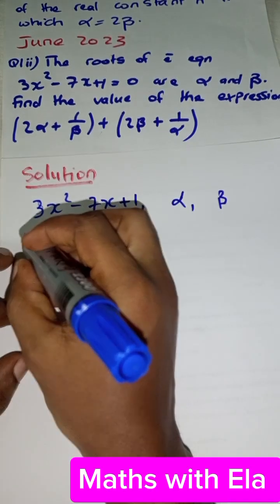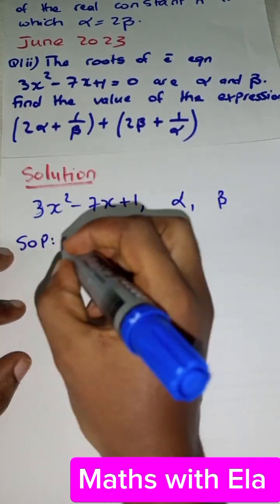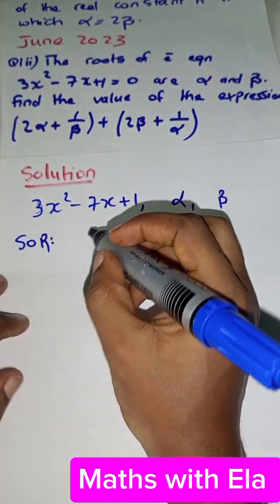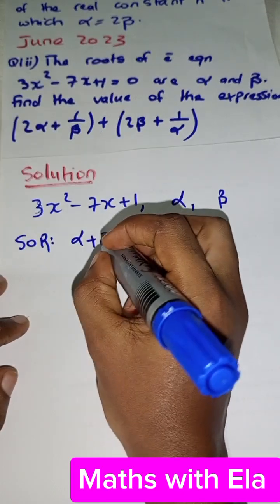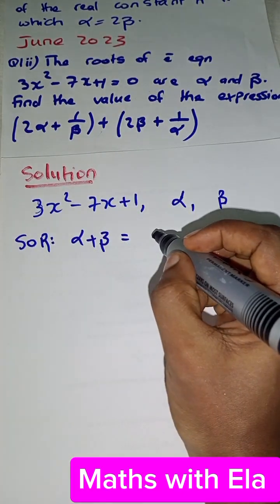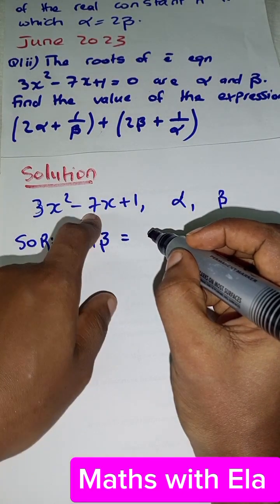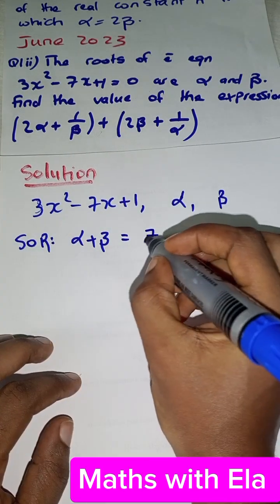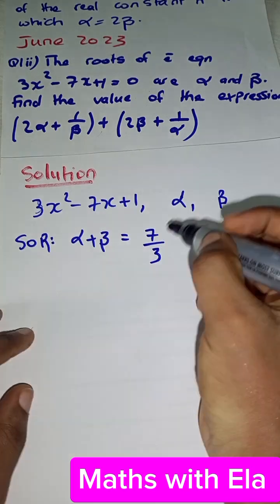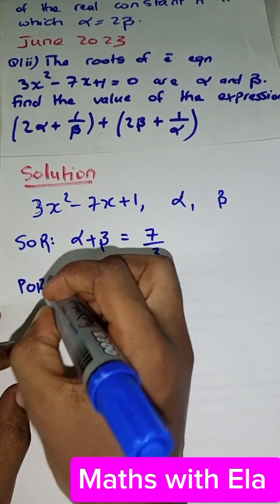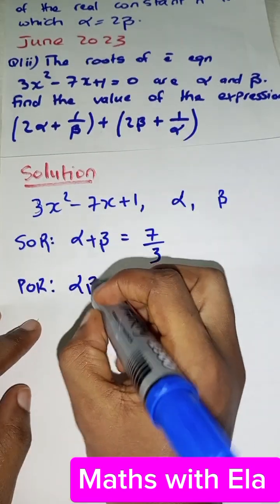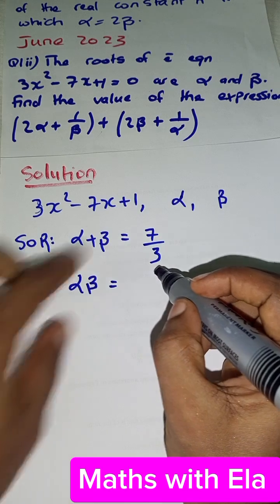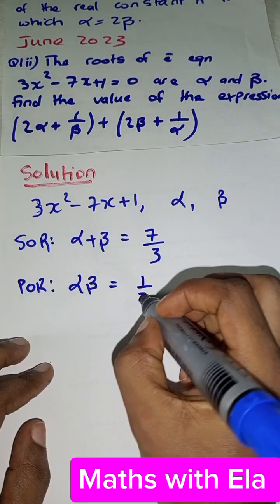So first off, we have sum of roots, SOR, that will be alpha plus beta. As we recalled earlier, negative b on a, our b here is negative 7, so negative b will be 7 on a, 3, and POR, product of roots alpha beta, would be equal to c on a, 1/3.